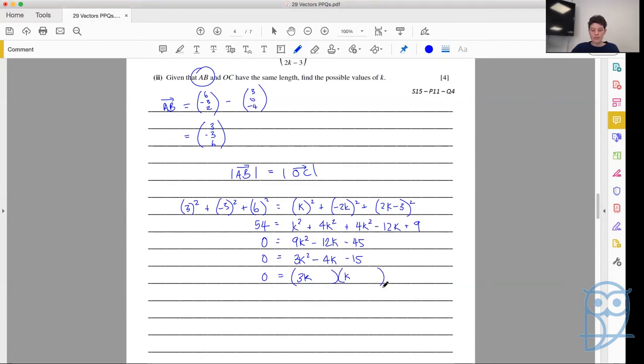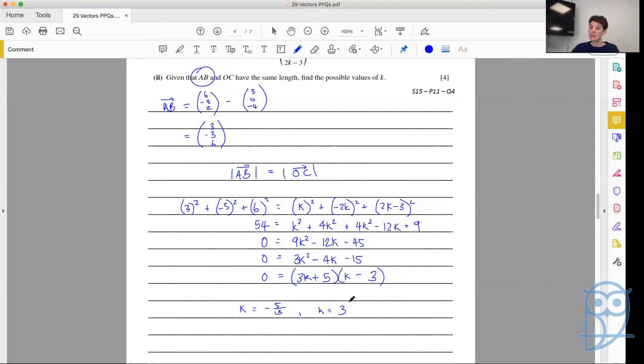We could have a 3 here, 3 and 3 is 9, because that gives us a 5 there, 9 minus 5 gives us 4. So we want a minus 4k, so we want the big one negative, so we will be minus the 9 plus the 5. From there we know that k equals minus 5 over 3, or k equals 3.